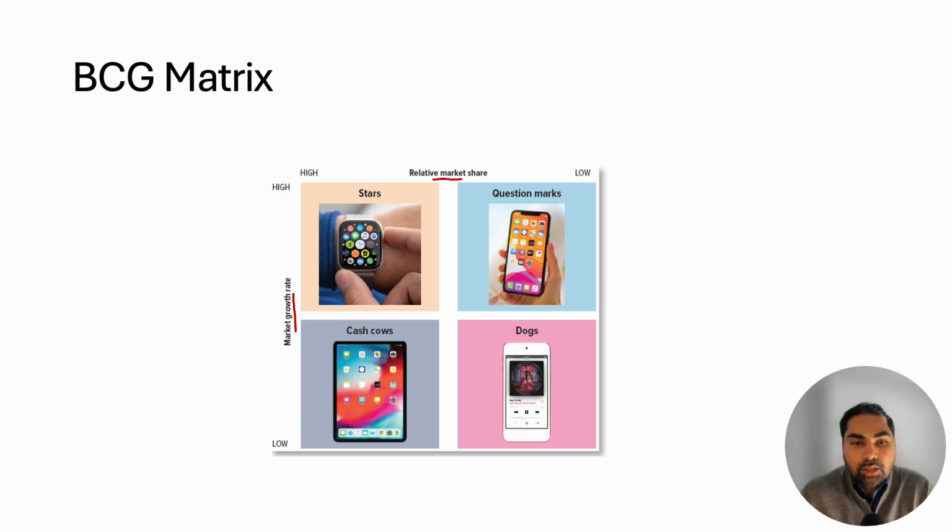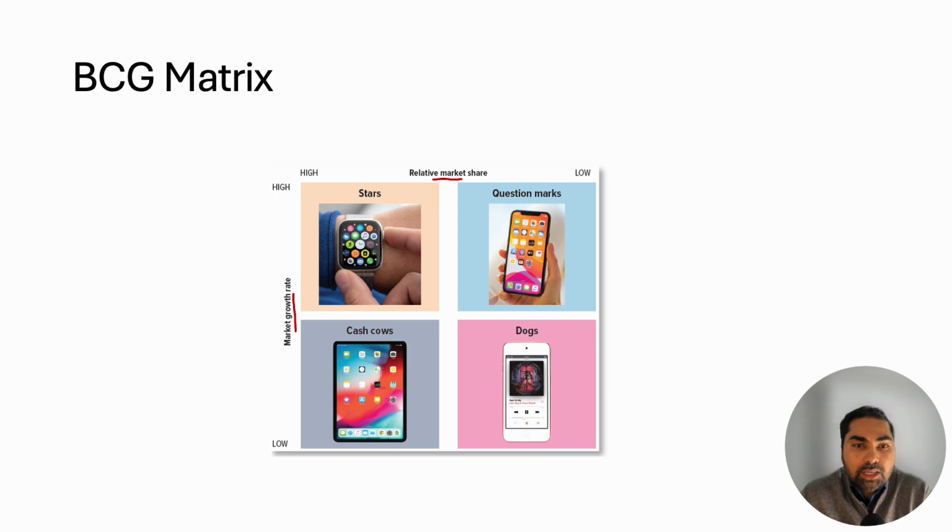So for instance, if you look at Apple Watch, the market for wearable technology is growing. It's growing fast. So the market growth rate for something like Apple Watch is really high. And if you actually look at the market share of Apple in this kind of watch industry, which would be the digital watch industry, their market share is relatively high in that particular market.